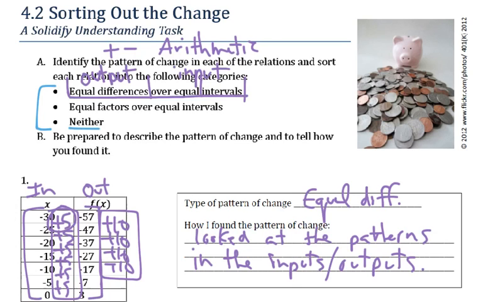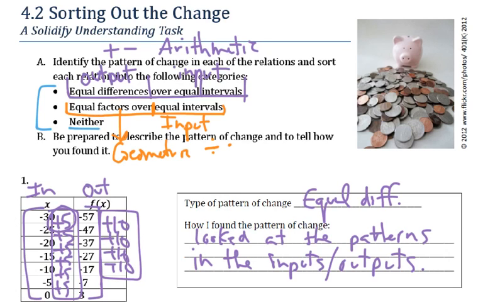Now, if we're talking about equal factors over equal intervals, equal intervals is the same idea. It's still the input. Equal factors mean multiplication. So with this one, we're dealing with the geometric pattern, which would be multiplying and dividing.